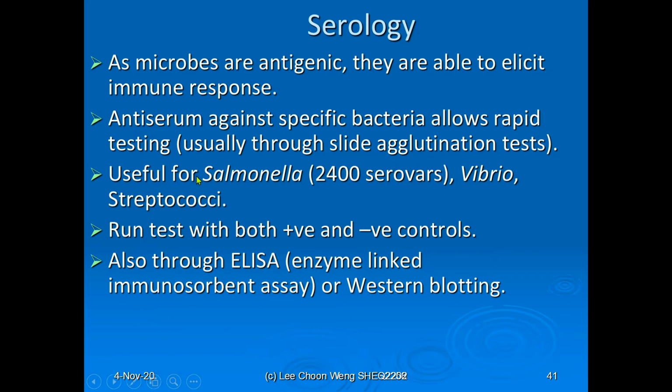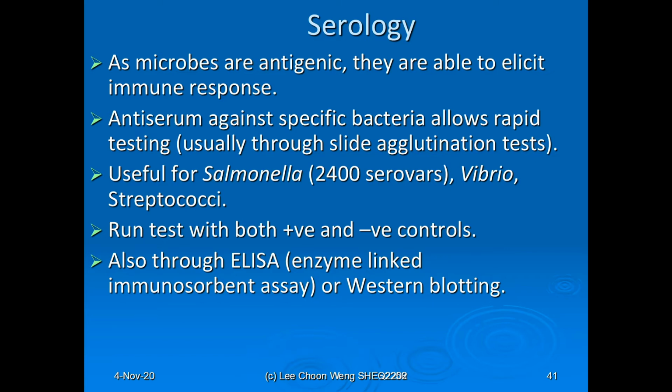In bacteriology, it's useful for the identification of Salmonella, because there are more than 2,400 serovars. It's also important for Vibrio, especially in the identification of the Vibrio cholerae O1 strain. The O1 strain is the cholera strain, the strain that causes epidemic cholera.